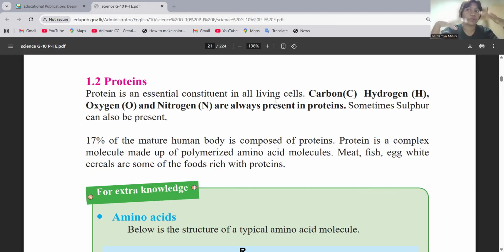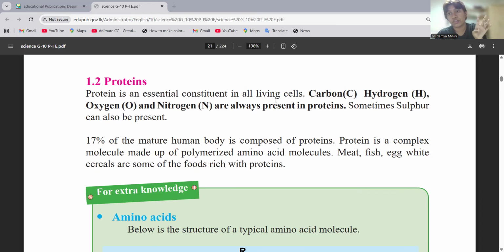But when we come to proteins, we have four, and also an additional one that is optional, but it may be there. So carbon, hydrogen, oxygen, these three are always there in proteins. And more than this, nitrogen is also there.